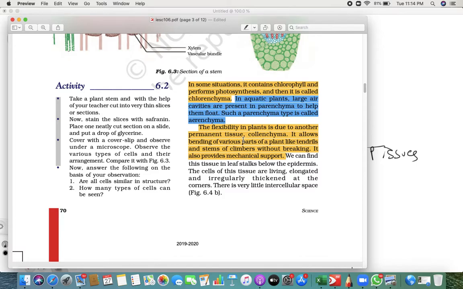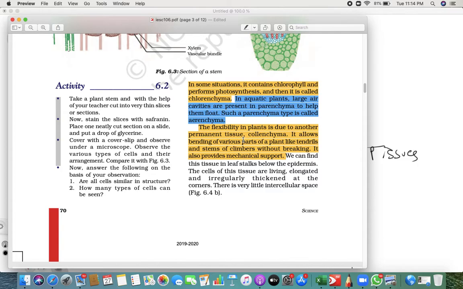Chlorenchyma has chlorophyll, and with its help it performs photosynthesis. And the next, as I said, is collenchyma that provides flexibility in plants. It allows bending of various parts of the plant like tendrils or stems. Those are the climbers, as I said.